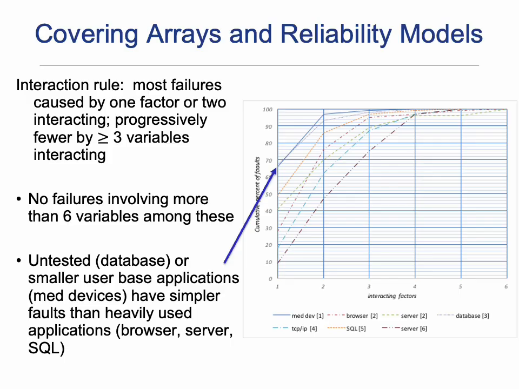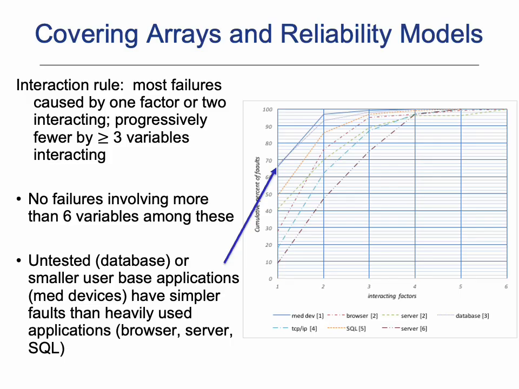Now, the reason for this, as mentioned earlier, is most likely, and this seems very intuitive, that the untested applications, such as the database mentioned, that was first-time testing, or applications with smaller user bases, like the medical devices, which may have tens of thousands, maybe hundreds of thousands of users, have simpler faults than the very heavily used applications.